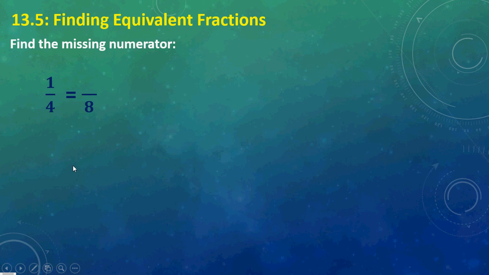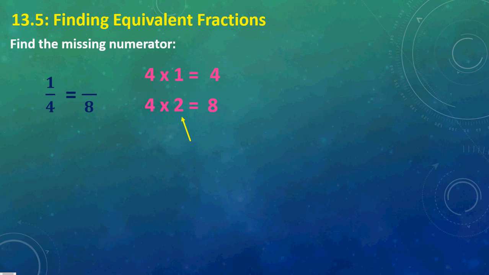I need a number that when I multiply times 4 gives me 8. Let's see. 4 times 1, it's 4. No, but 8 is not 4. We have to continue. 4 times 2, it's 8. Good job, we find it. So the number we're looking for in this case is this 2.